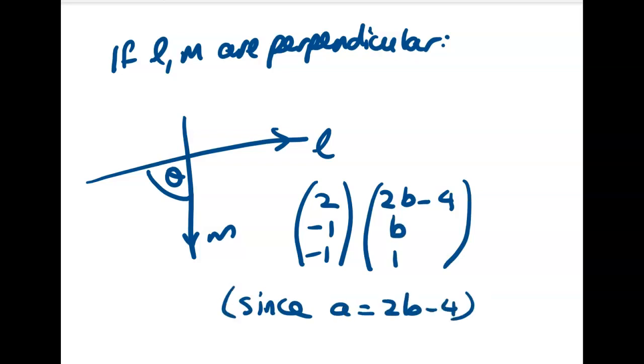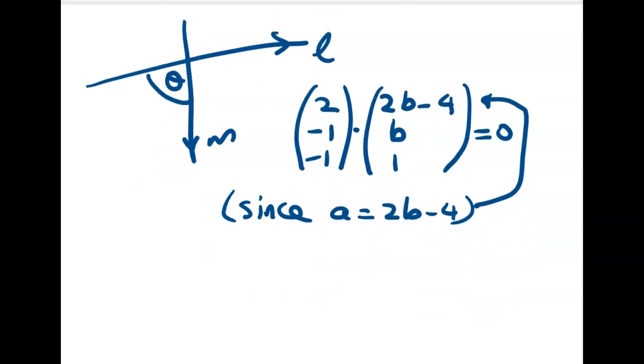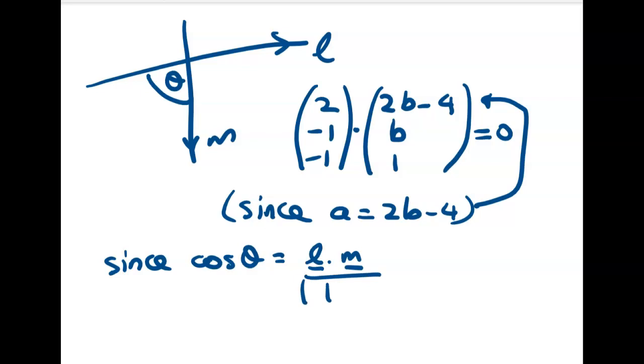Okay, so that lets me substitute that into there. And so we know that that scalar product is equal to 0, since cos of theta is equal to the direction vector for L and the direction vector for M, scaled.